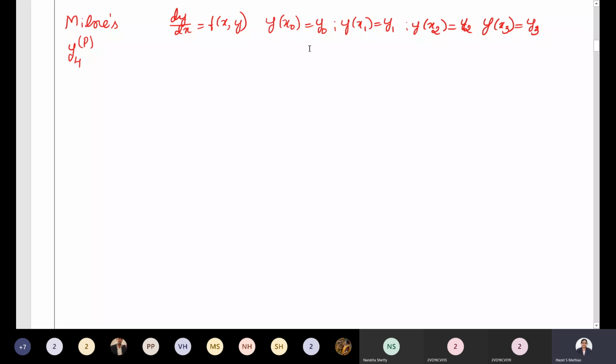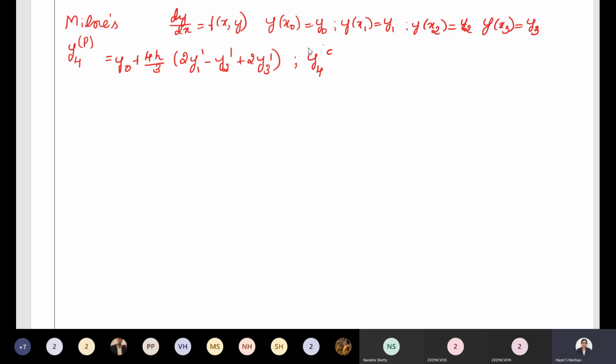Then using Milne's predictor formula, y4 power p is given by y0 plus 4h/3 into 2y1 dash minus y2 dash plus 2 times y3 dash. This is Milne's predictor formula.